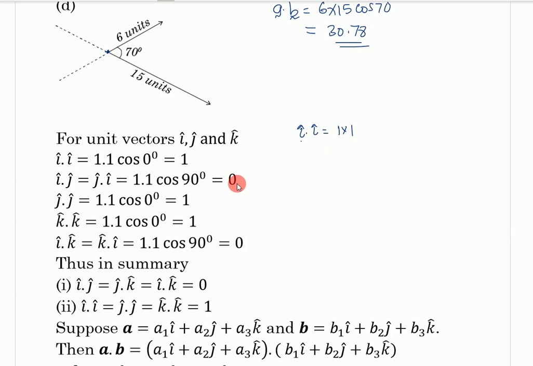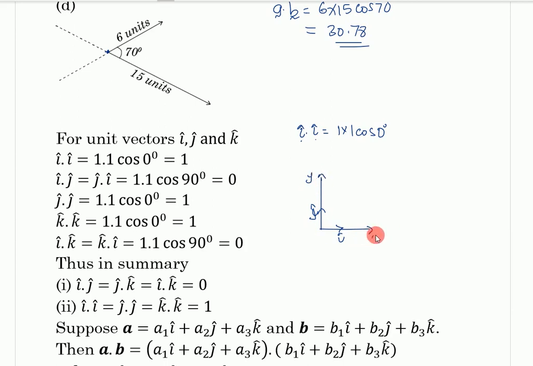Remember, a unit vector always has magnitude 1. Then times the cosine of the angle between the two vectors. If you are having I and I, the angle between them is like this. You have I, and then the unit vector for the y-axis is J.